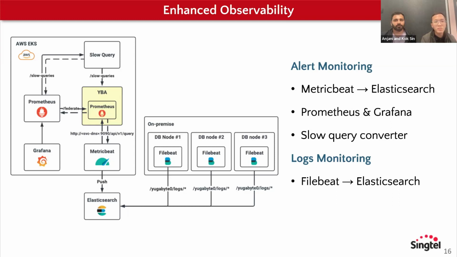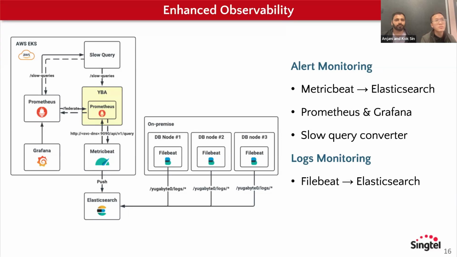But on top of that, we want more control over observability. How we did that is that we first pipe all of the metrics and logs into our Elasticsearch. This allows us to configure our own alert thresholds and also integrate with our internal support system.